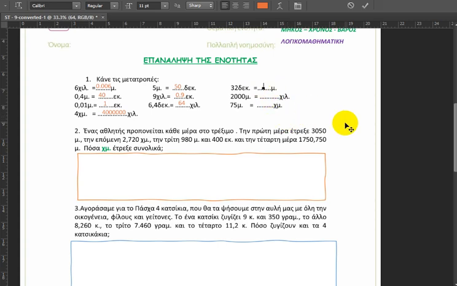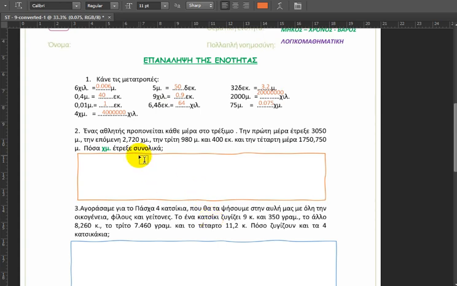Decimeters into meters means divide by 10, so 3.2. 2,000 meters into millimeters means I need to multiply by 1,000, so that would be 2 million. And 75 meters into kilometers would mean I need to divide by 1,000, so 0.075.